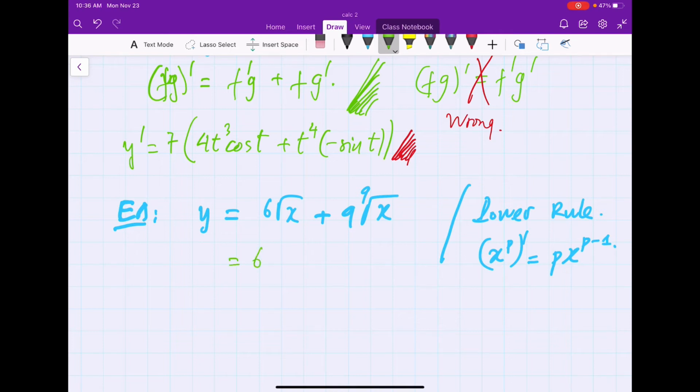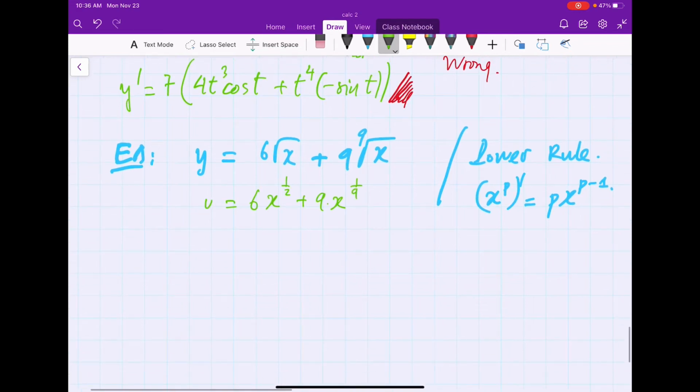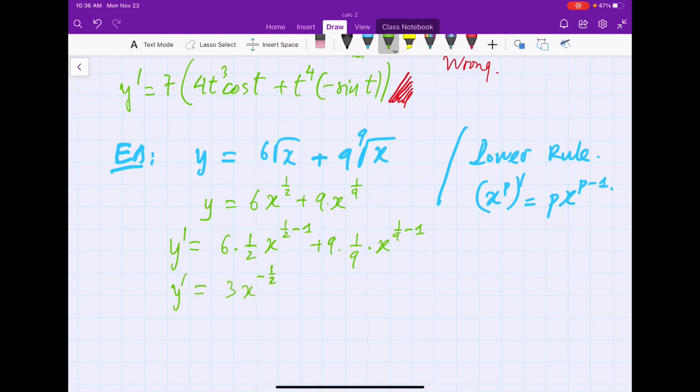So you have 6 x to the 1/2 plus 9 x to the 1 over 9. From here you get y prime equal to 6 times 1 over 2 x to the 1 over 2 minus 1 plus 9 times 1 over 9, sorry, x to the 1 over 9 minus 1. Please don't skip this step, right? And then you simplify this, you get 3 x to the negative 1 over 2 plus x to the negative 8 over 9. You are done.